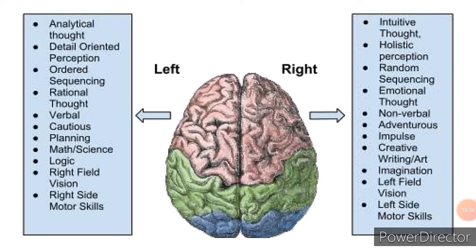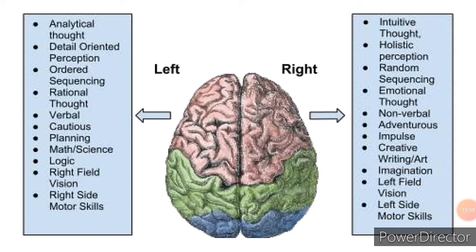I'm using this diagram as a summary to explain what I'm saying. So you look at your brain that is divided into the left and the right part. Look at the right and the left brain. You can see what they do. Okay, the left brain has to do with analytical thought. You have detail-oriented perception. You have ordered arrangement.